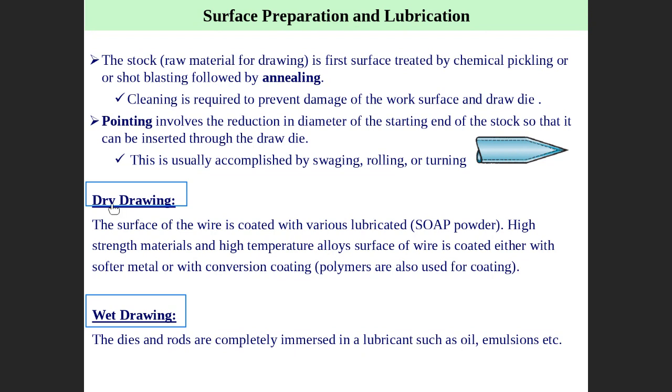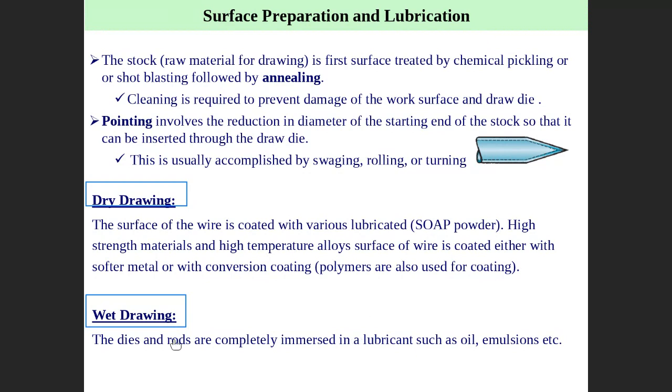This is wet. For dry, you put what we call dry lubricant. Dry doesn't mean nothing; there is dry lubricant. Here they call it soap. Soap is like a paste they put on the surface before you do the drawing process. This dry lubricant, powder or soap, is usually used in case of high temperature.